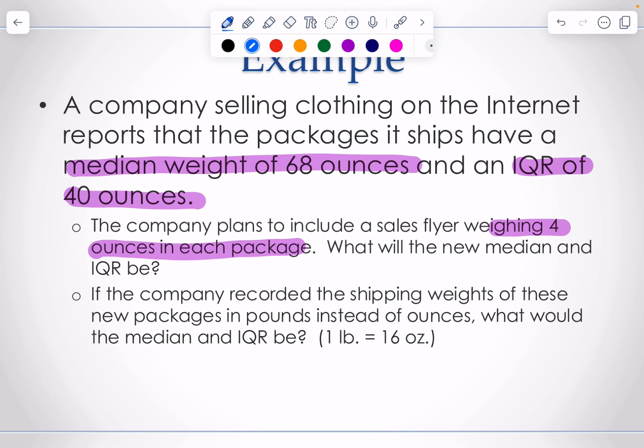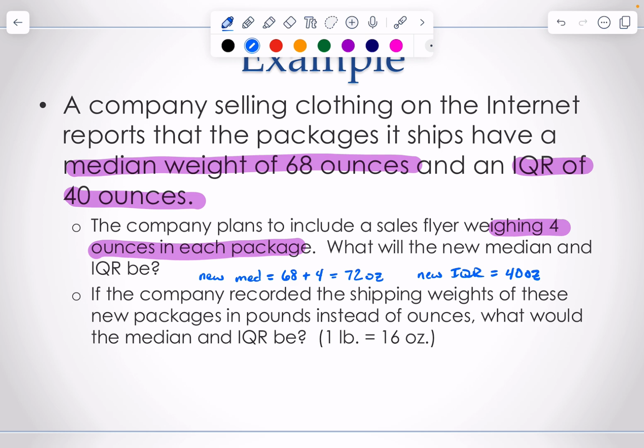And so by picking up the data and shifting it to a new location, my new median would become the 68 original ounces plus the 4 we're adding to everything, so 72. But as far as the new IQR, because that's a measure of spread and all I did was add a constant to everything, that remains unaffected by that shift. So even though we added 4 ounces to every package, the IQR is still going to be 40 ounces.